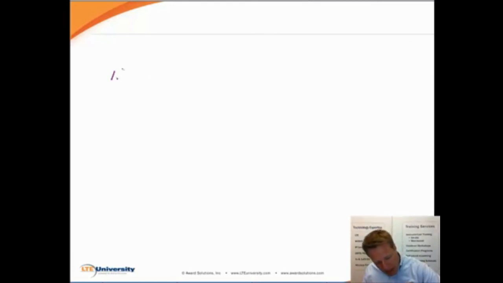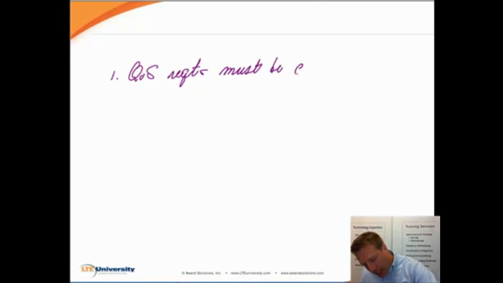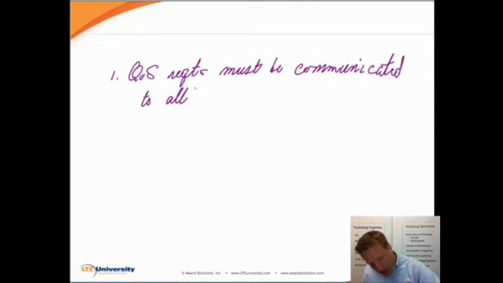Number one, the QoS requirements must be communicated throughout the process to all critical nodes.